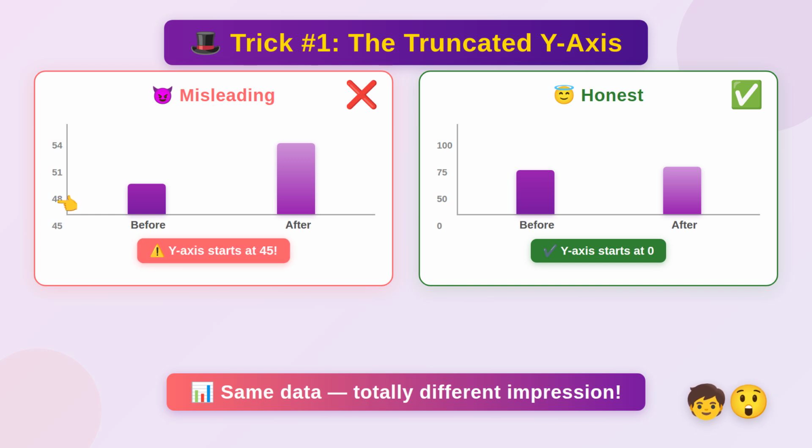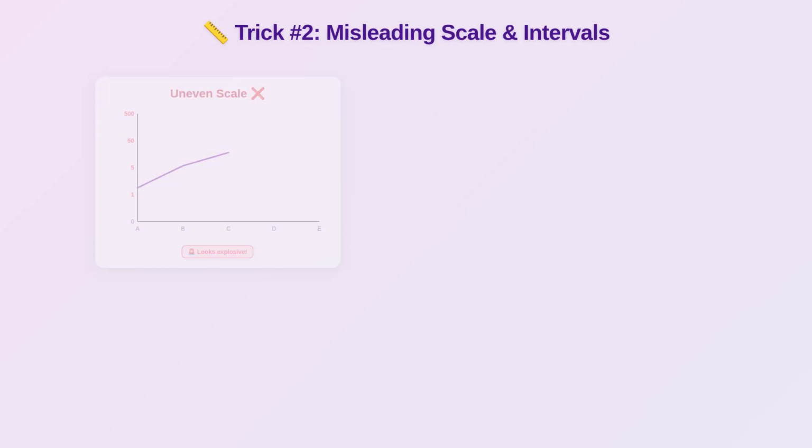If the y-axis starts at 94, those small differences look like a canyon. But if the y-axis starts at 0, you'd barely see the difference. Maya spotted this exact trick in one of her recycling graphs. The recycling rate went from 48% to 52%, but the graph made it look like it tripled.